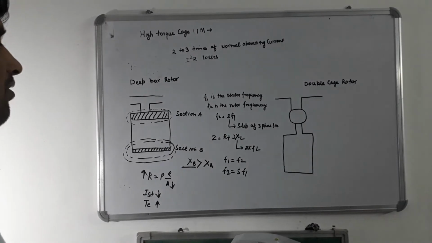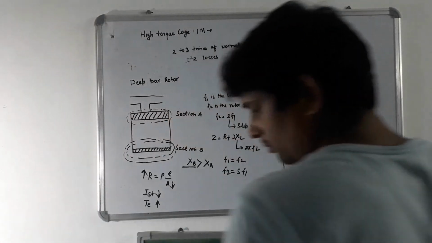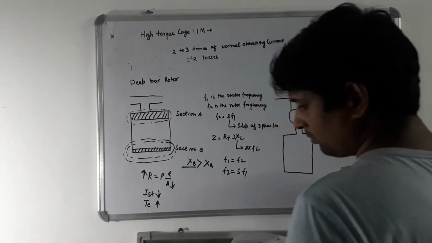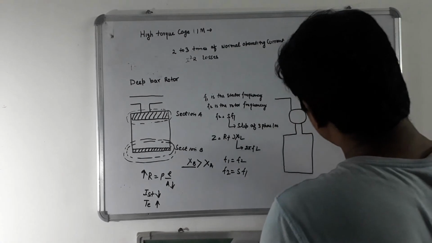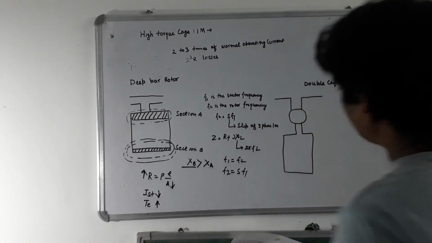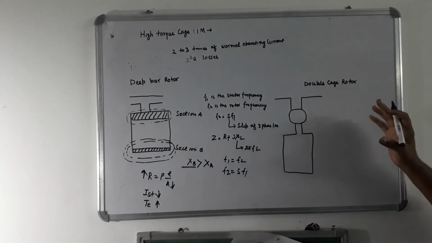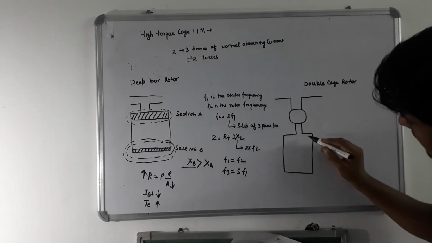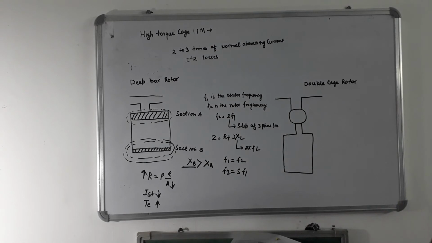Now I will discuss the double cage rotor. In a double cage rotor, the rotor is split into two parts: a smaller cross section area and a larger cross section area.